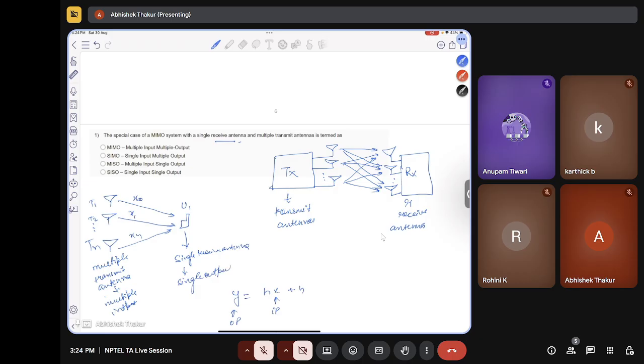So which kind of system is it? It is a multiple input and single output system. So this is a MISO system. Apart from this, now come to the MIMO system. So this is our MISO system, multiple inputs, single output, and this is our MIMO system.